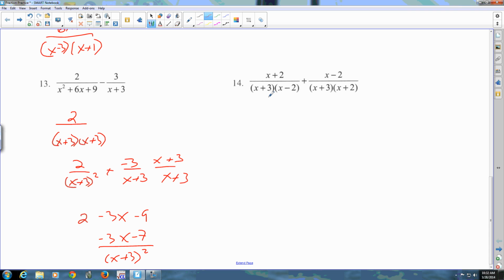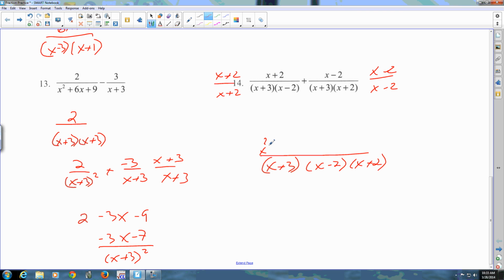Alright, this one, x plus 3 is in both of them, so I need an x plus 3 as part of my LCD. X minus 2 is in one, and x plus 2 is in the other, so I need all three of them. And this one, this one needs an x plus 2. This one needs an x minus 2. And yes, you're going to have to FOIL that.